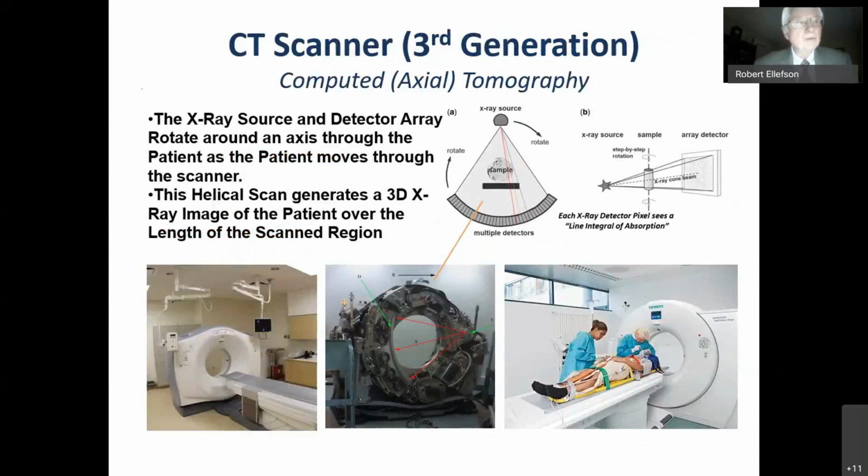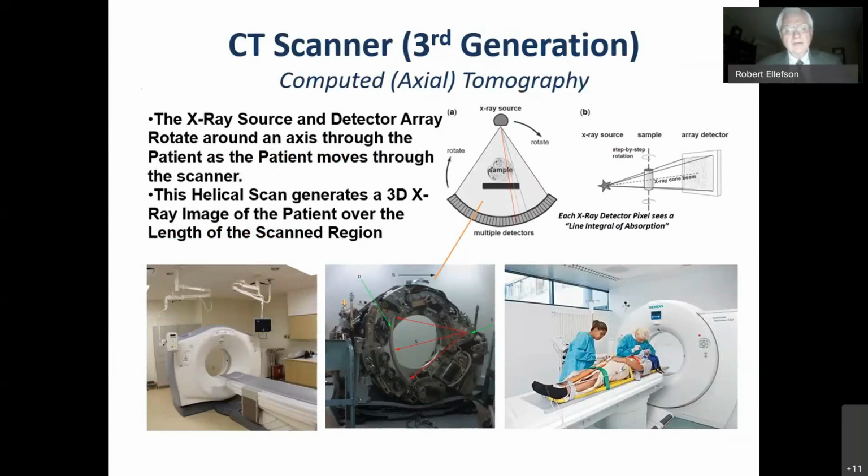So let's jump to the current use of a CT scanner, and this is like a third generation CT scanner for doing computed axial tomography. The X-ray source and the detector array are together on a circular device. Let's first of all start with the table.